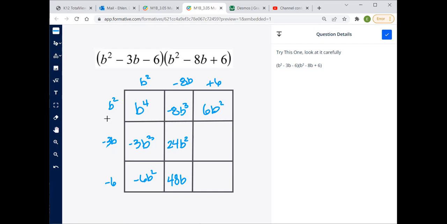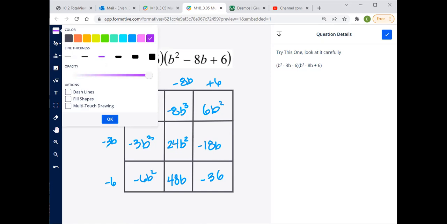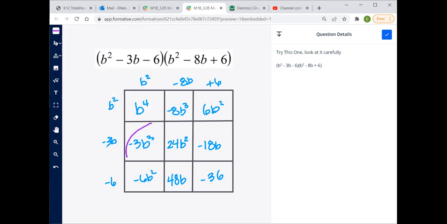Negative 3b times 6 is negative 18b, and negative 6 times 6 is negative 36. Then we can go ahead and combine our like terms. So guys, remember yesterday how I said if you do this, typically your diagonals end up being your like terms.